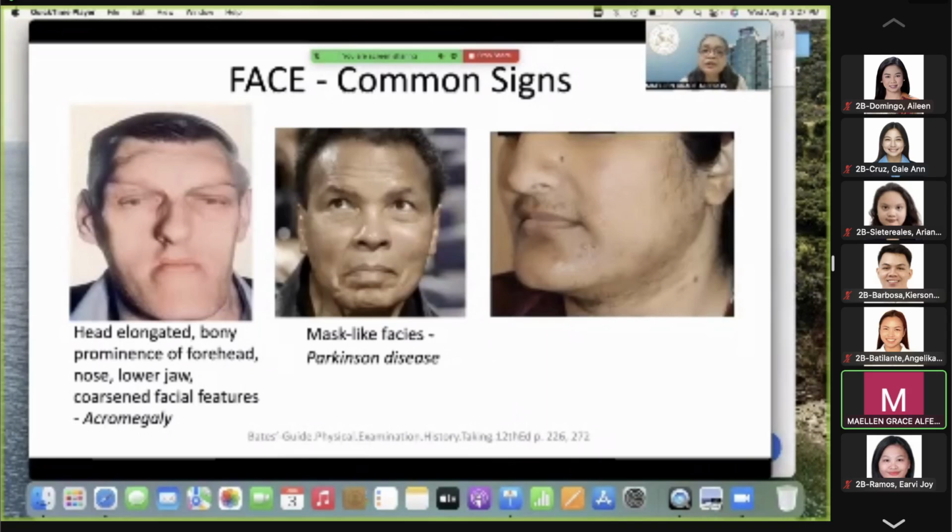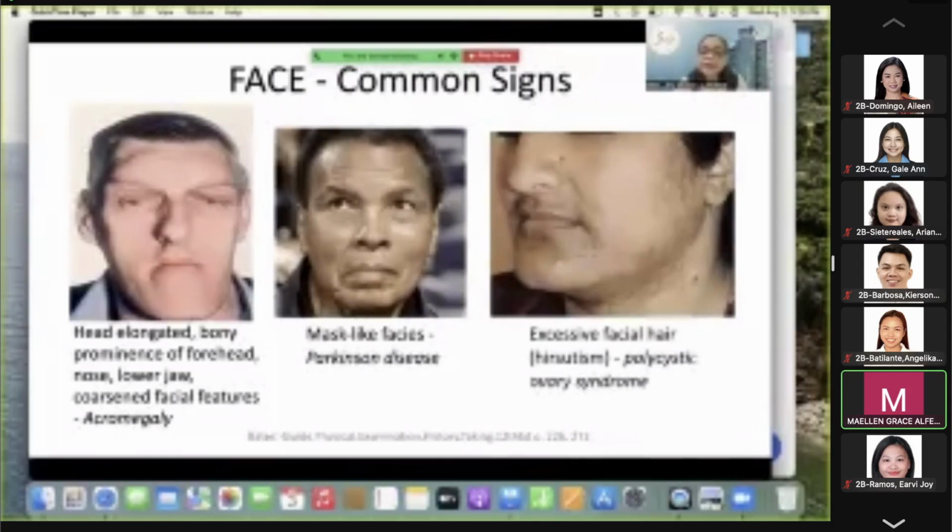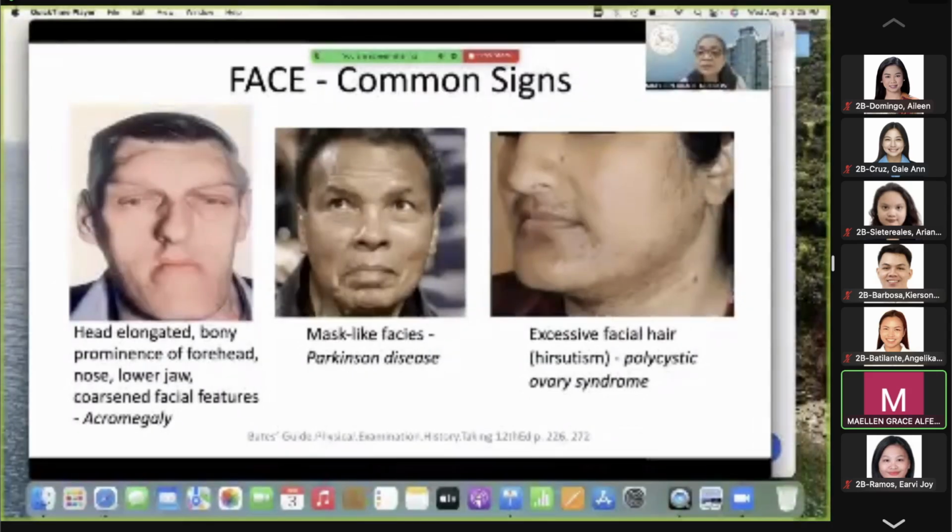The picture here is of one of the boxers who is affected with Parkinson's disease, Muhammad Ali. Now, the next one, this female has excessive facial hair. We call this hirsutism. So when you look at the upper lip as well as the chin area, the jaw area, you will see hirsutism, okay?